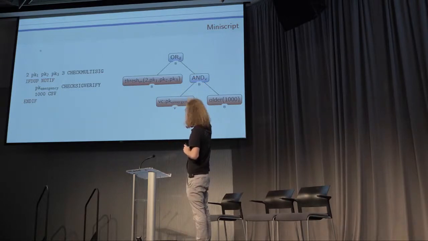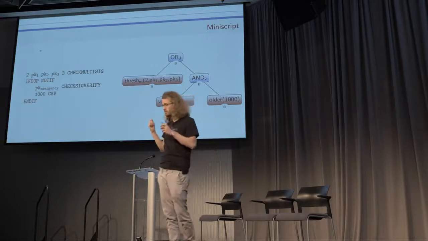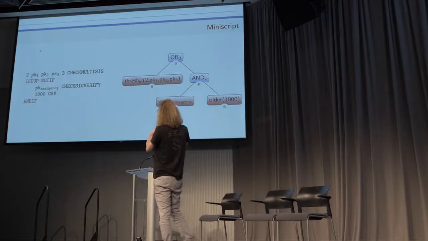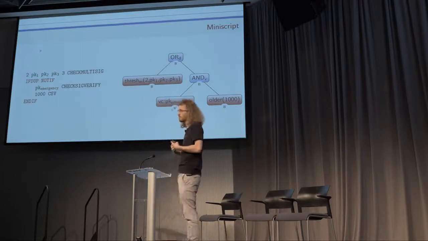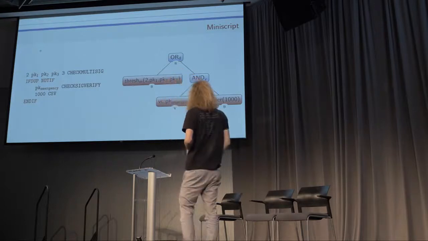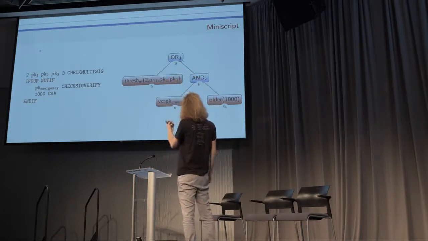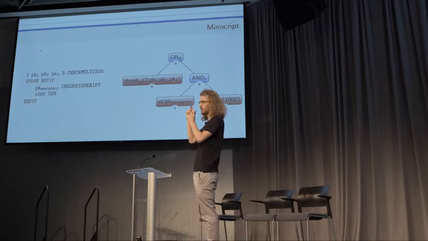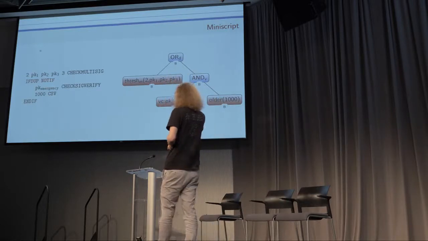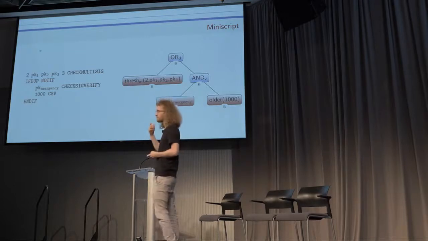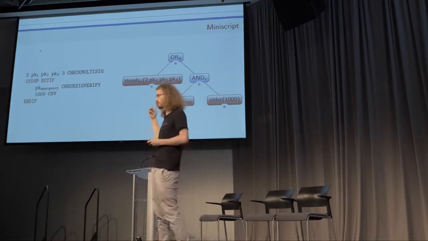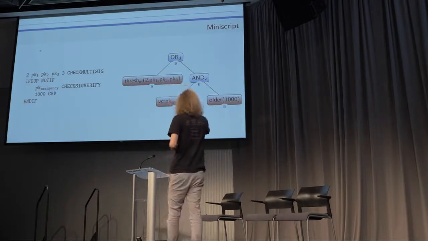Okay. So what is this policy? At the top level we have an or. We have a choice between two things. On the left side is a thresh M, a multi-signature, a 2 of 3 multi-sig. On the right-hand side, I have a conjunction. I have an and of an emergency pub key and a condition older 1,000. This thing has to be older than 1,000 blocks. So these are coins that can be spent by 2 of 3 participants, but if they don't move in 1,000 blocks, then this alternate branch suddenly becomes active, and this emergency pub key is able to spend them.